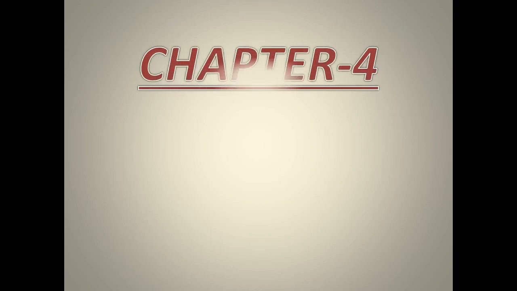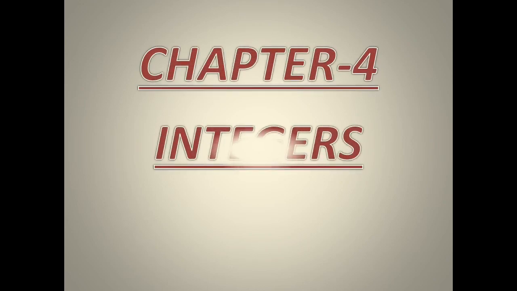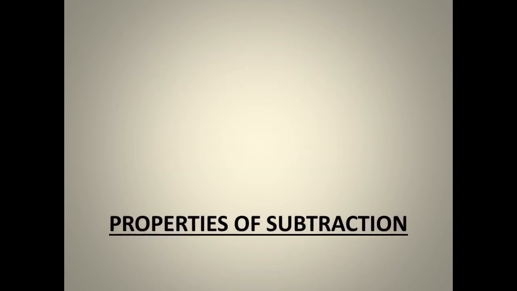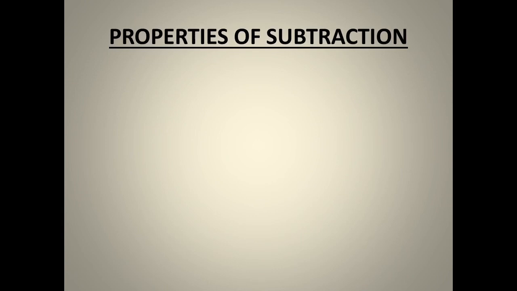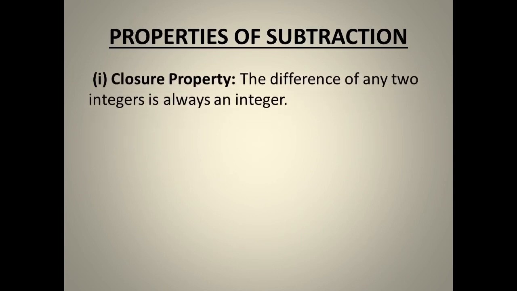Now students, we were doing our chapter number 4, integers, and in the previous video we learnt about the properties of subtraction. The first property was closure property. It says that on subtracting any two integers we will always get an integer.